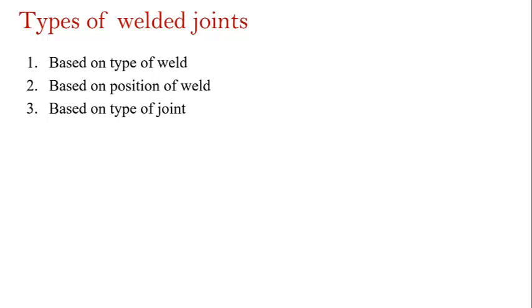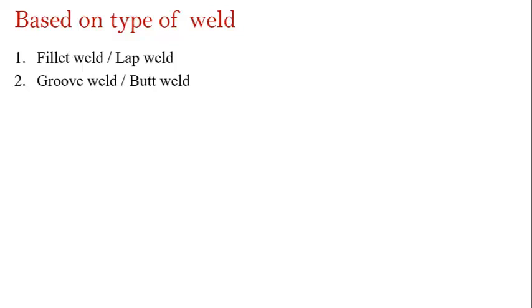Now let's look at each one of these individually in a broad way. The first one is based on type of weld. Based on type of weld, we have four categories. The first one is fillet weld, which is also called lap weld. The second is groove weld, which is also called butt weld.